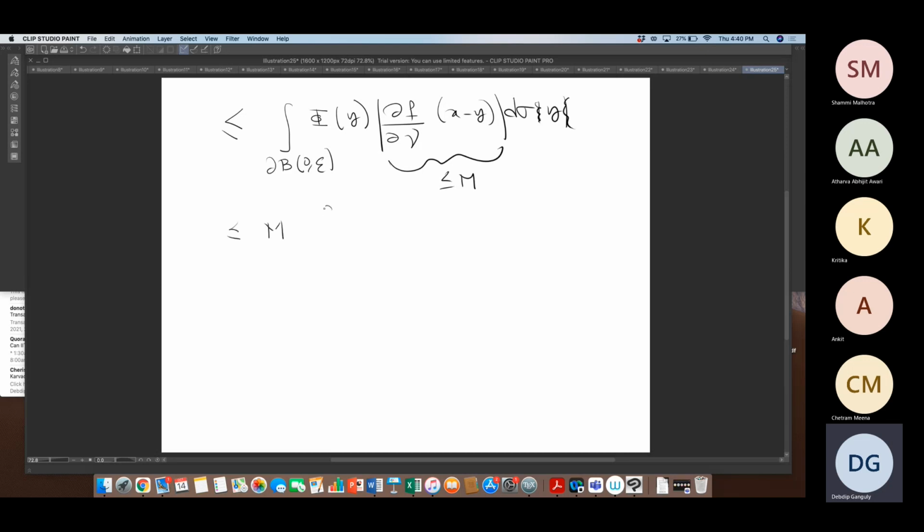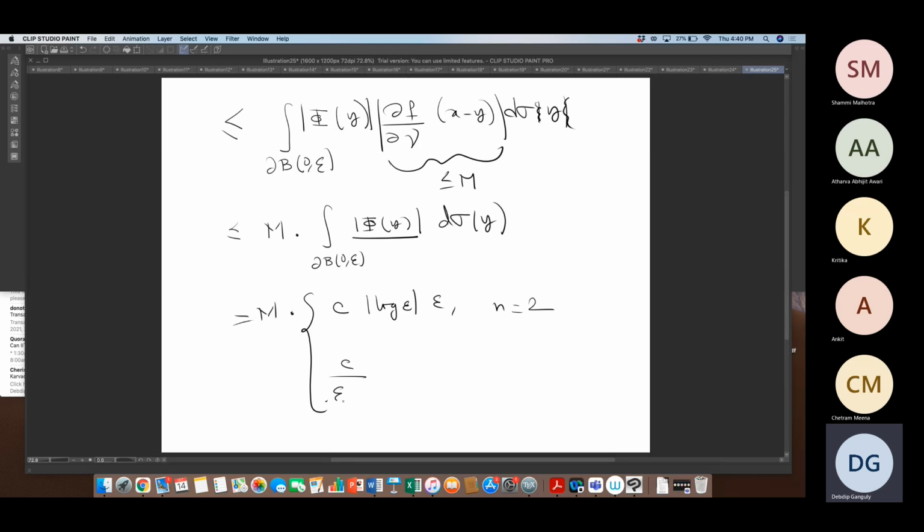So less than M times the integral over del B_0 epsilon of the modulus of phi, d sigma y. You know what phi epsilon is. So this is nothing but C into epsilon log epsilon if n equals 2, and C into epsilon to the power n minus 2 times epsilon to the power n minus 1 if n is greater than or equal to 3. Why does it come?